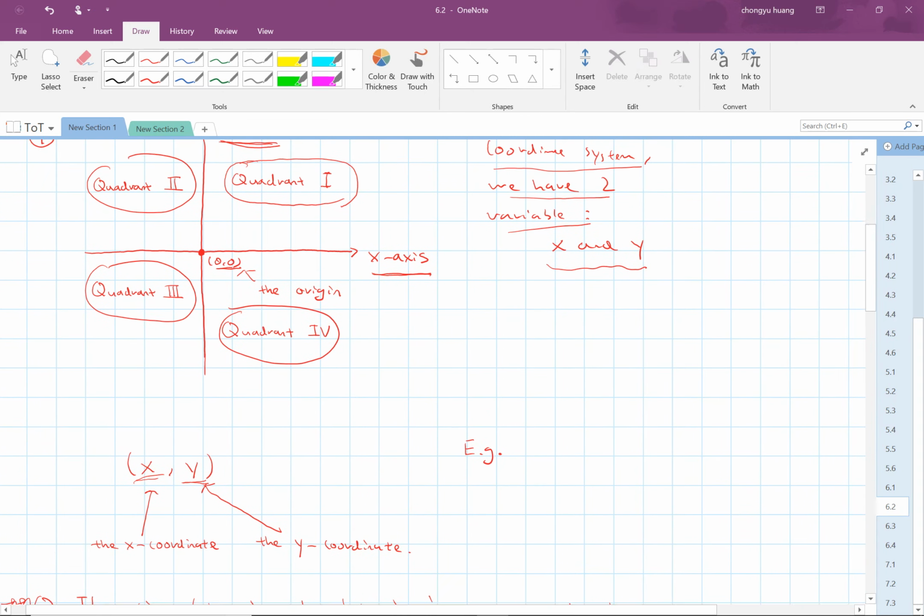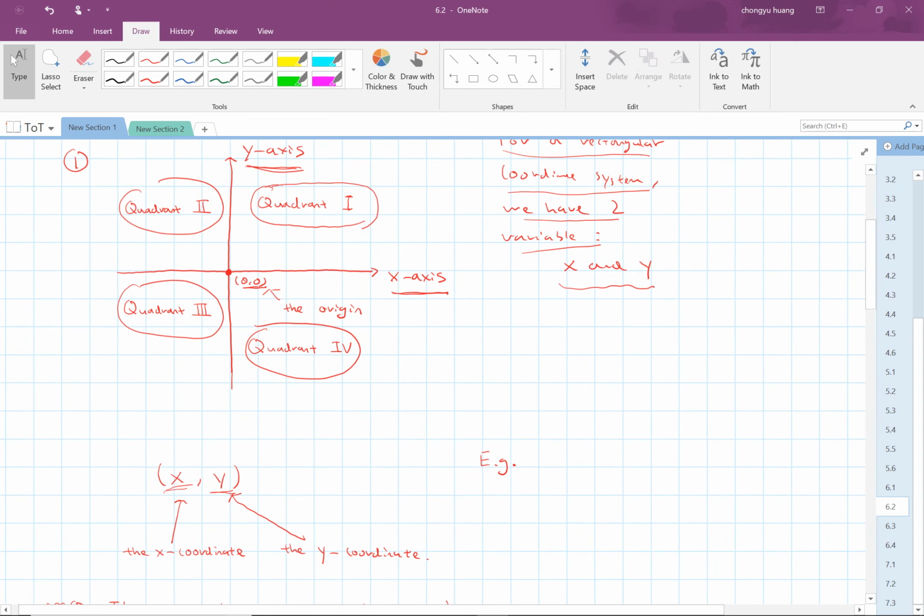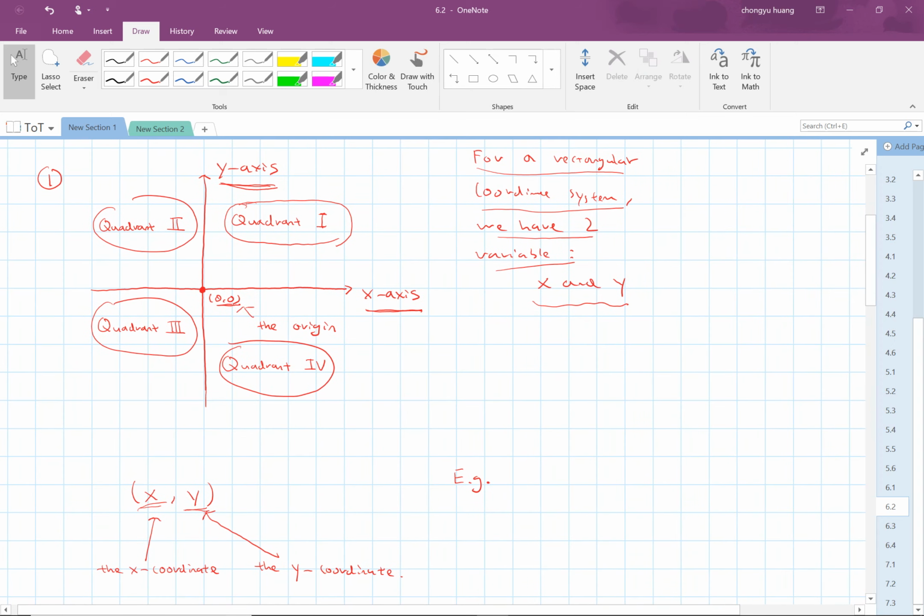The next thing I really want to talk about is this part. You can see over here we have an x and a y. This x represents the x-coordinate, and this y represents the y-coordinate. You may ask why we need to know this. It is actually a notation.